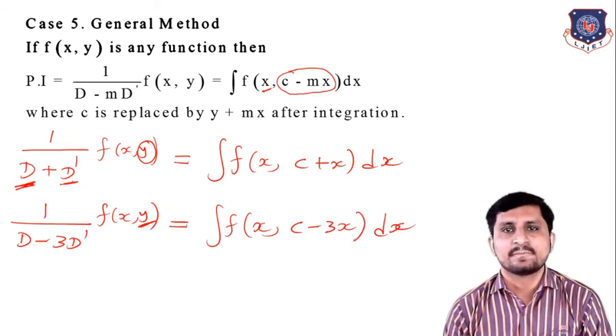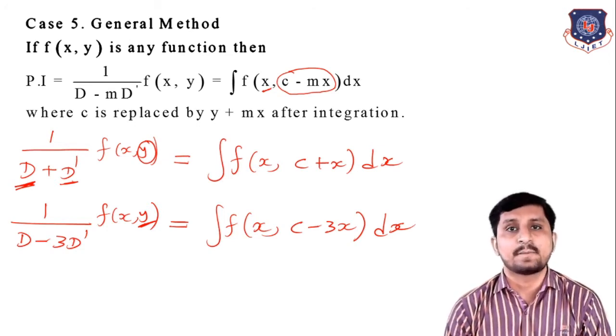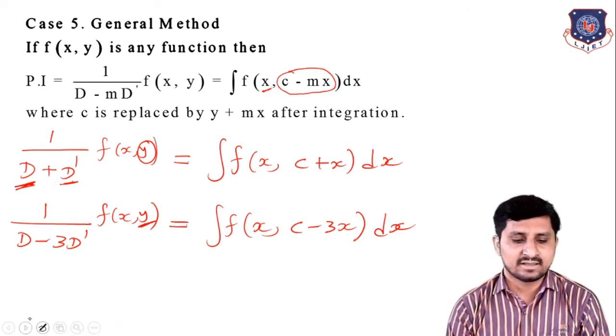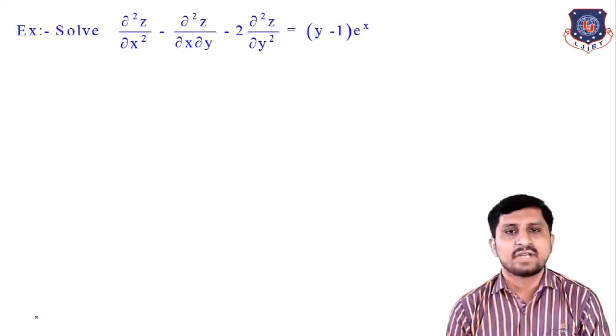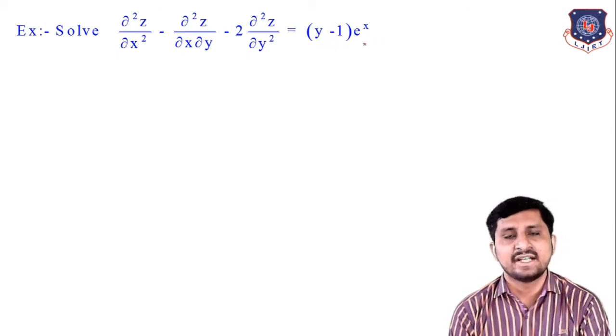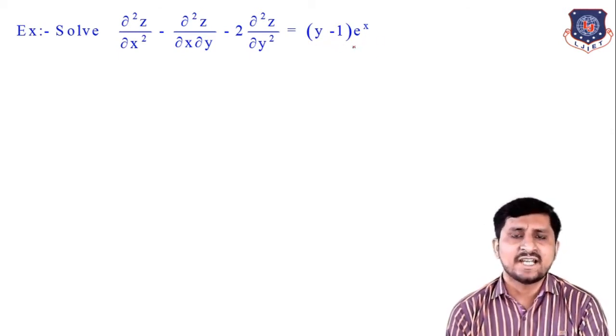But suppose you cannot apply case 1 to case 4. In that case you have to apply case 5. Let's solve an example so you can understand. The right hand side function is y minus 1 into e raised to x. Can you apply any of case 1 to case 4?